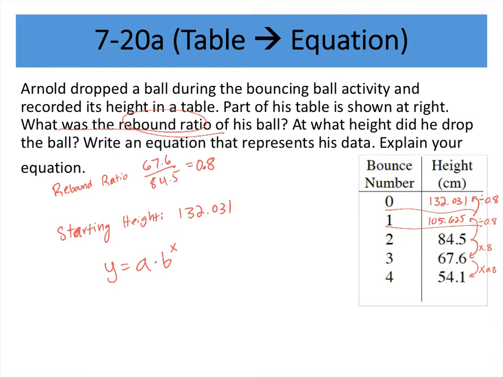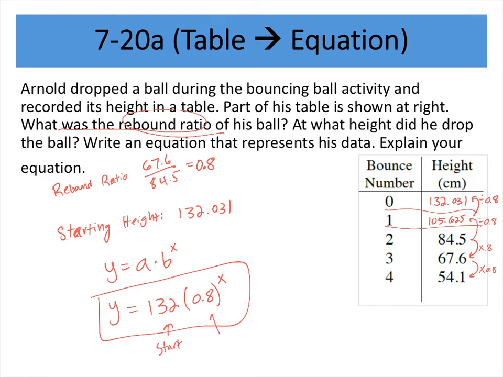It looks like our multiplier is 0.8 and our starting point is 132. So we're going to just write that out. y equals 132 times 0.8 to the power of x. And this is our equation. If I'm going to explain the equation, this is my starting point, and this is my rebound ratio.